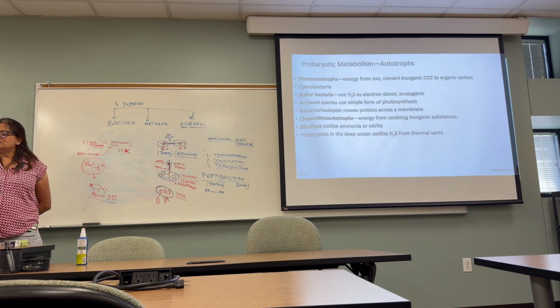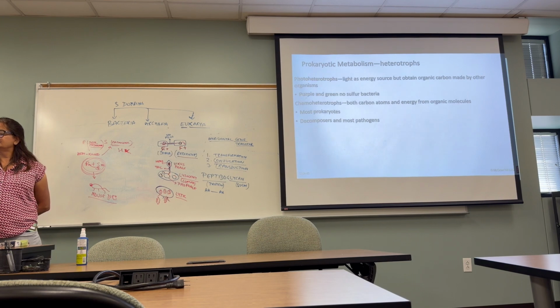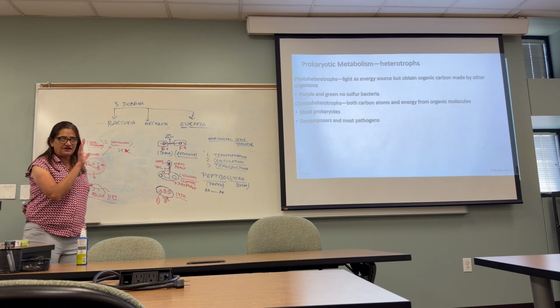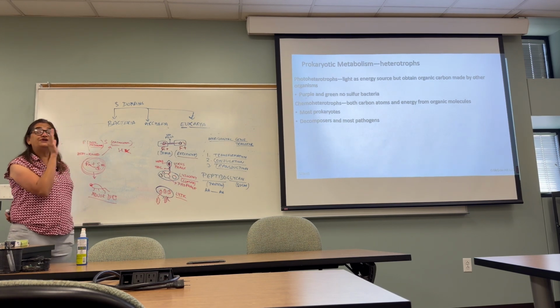Archaeal species also use a simple form of photosynthesis. So chemoheterotrophs are the ones that will use both carbon atoms and energy from the organic molecules, and most prokaryotes are like that. And photoheterotrophs, just as you had photoautotrophs, this is photoheterotrophs.